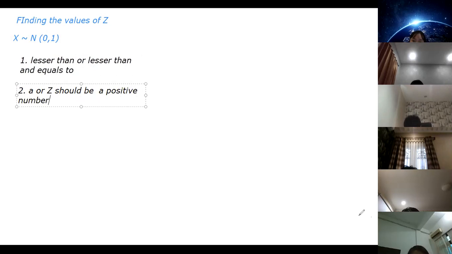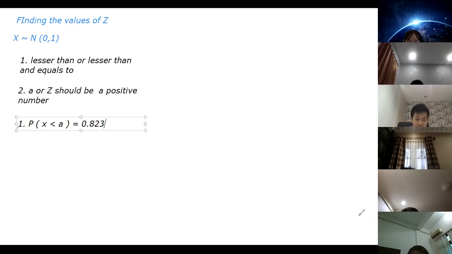So for example, the first question is we want to find the probability of x less than a equals 0.823. The first step in solving this kind of question is we have to think whether a is a positive or a negative number.